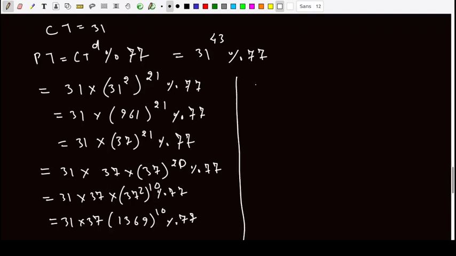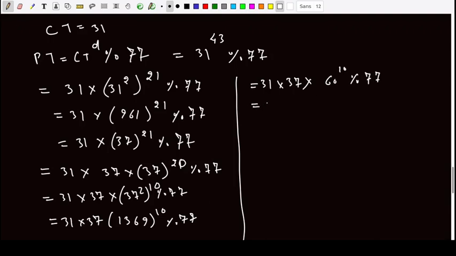Okay, now let's do this. So this will be essentially 31 into 37, and if we divide 1369 by 77, what is the remainder? The remainder will be 60. So 60 to the power 10 modulo 77.